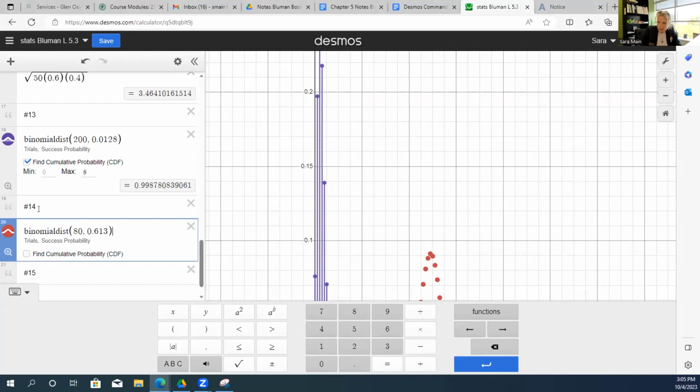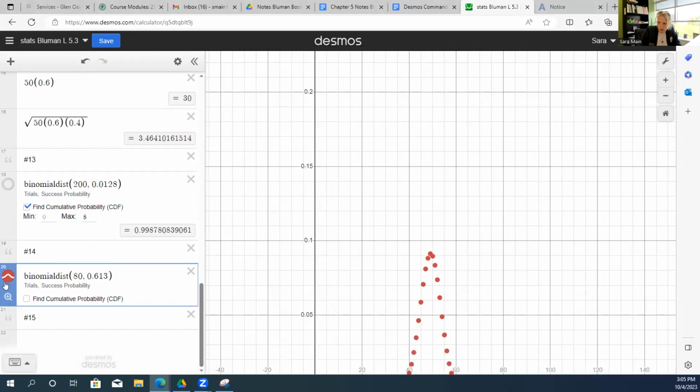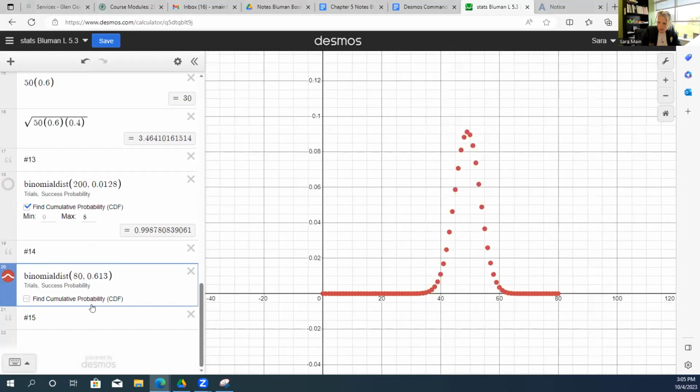So we're looking at exactly 60. So I have to turn off my other graph and then hit the magnifying glass. So 60 is down here somewhere. Oh, I got it. 0.00355. So the probability of exactly 60 of the 80 shots is 0.00355.